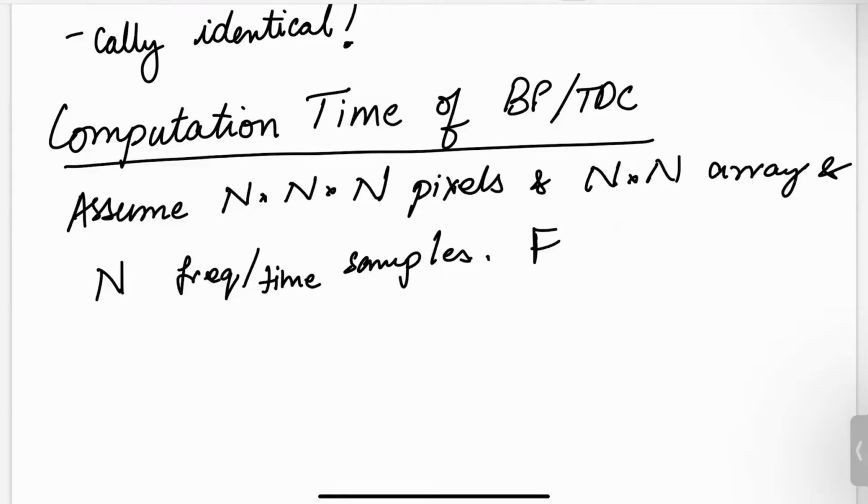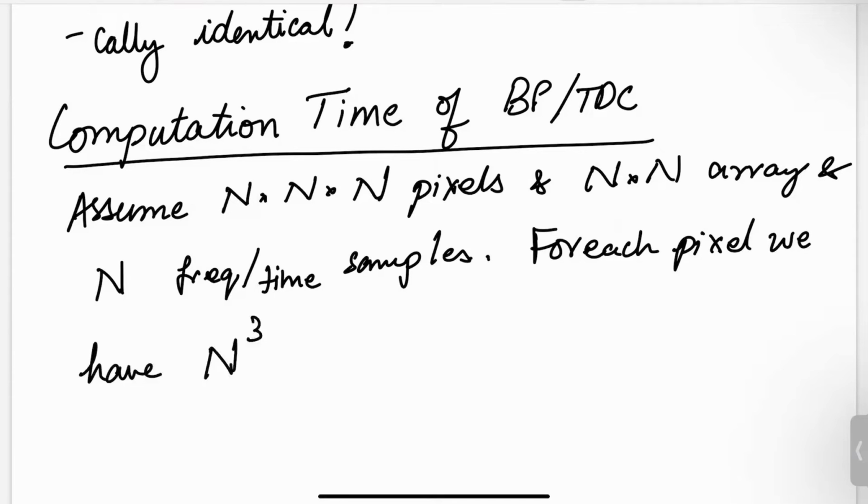So we saw that for each pixel, we have n cube multiplication and summations, right? So that's n cube multiplications.